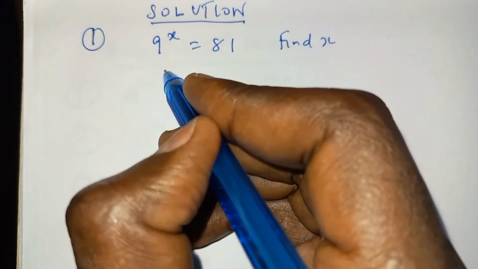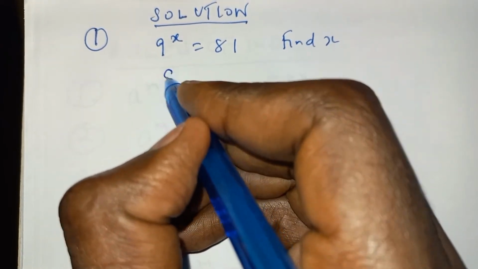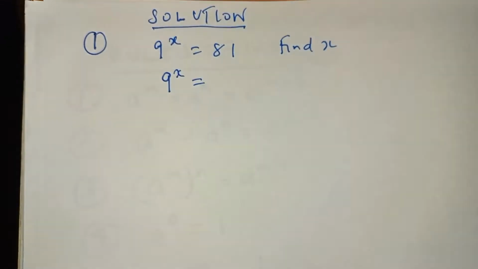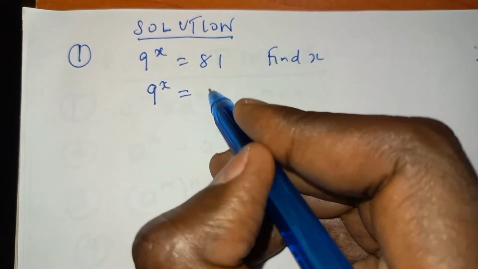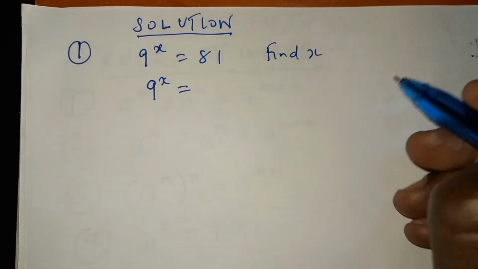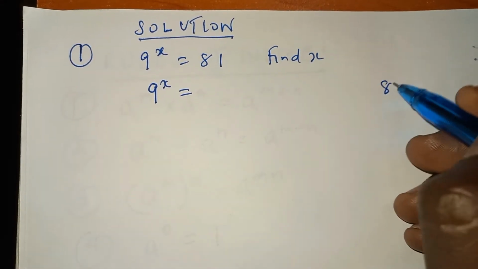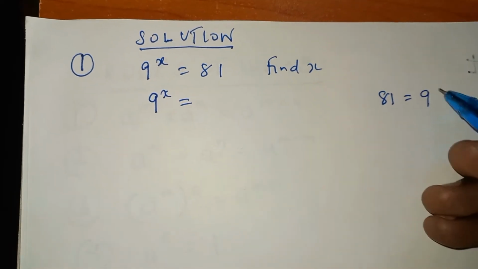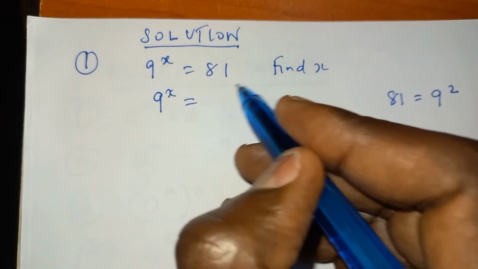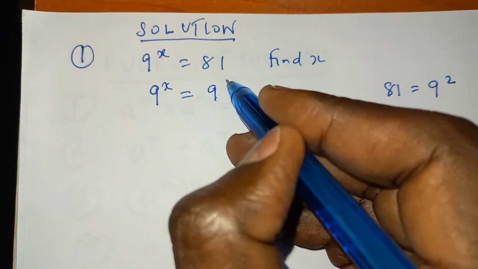So we can rewrite the problem as 9 raised to power x is equals to, we know that 81 can be written as 9 squared. So we can write the right hand side as 9 raised to power 2.